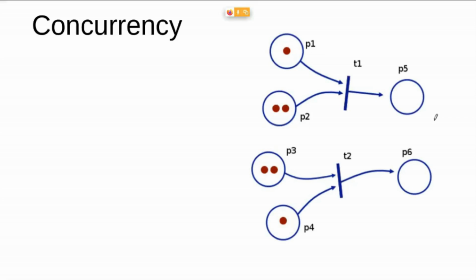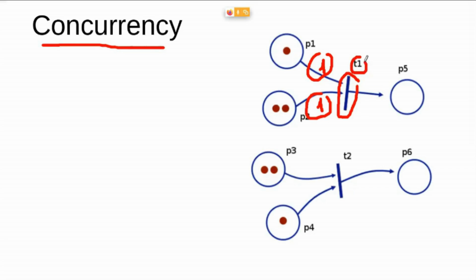Well, in Petri nets, the concurrency effect will happen. At the end, concurrency means that for a transition to be enabled, several conditions must be accomplished. So if here we have a 1 by default and here we have a 1, we have 1 and 2 conditions to be accomplished before this transition T1 is enabled.